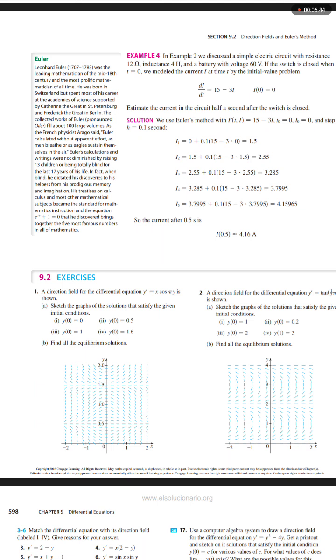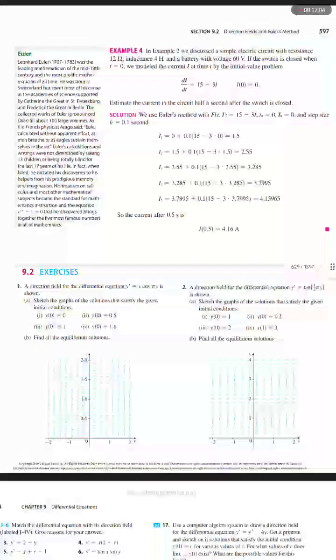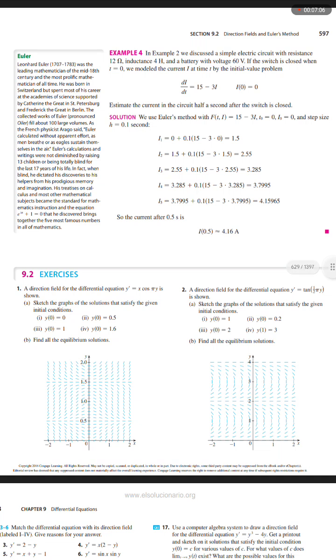Solution: Euler's method with big F of t and big I equals 15 minus 3 big I, t sub 0 equals 0, big I sub 0 equals 0, and step size h equals 0.1 second.